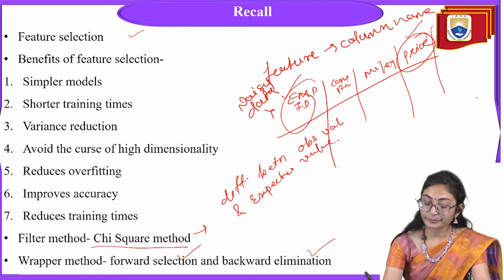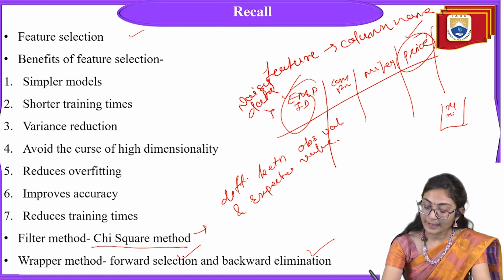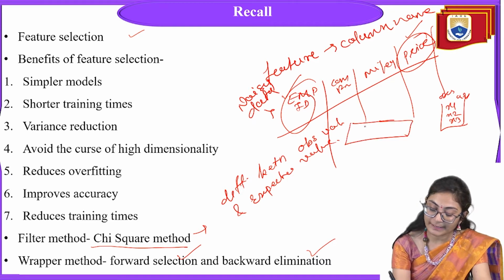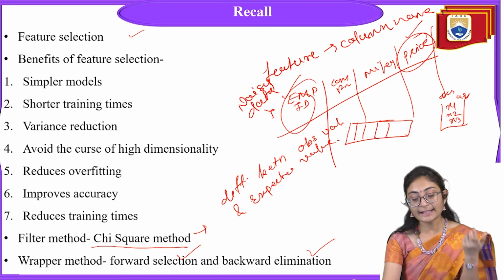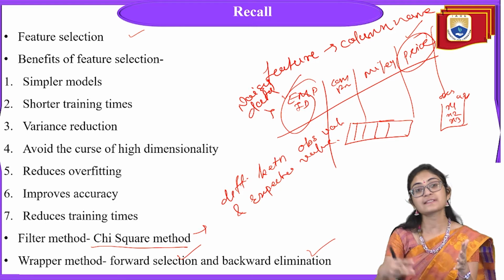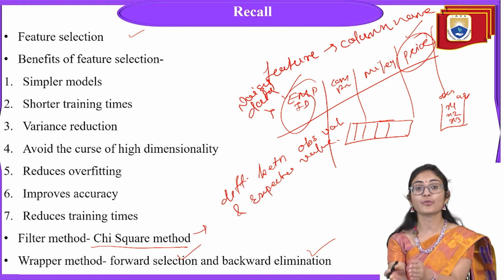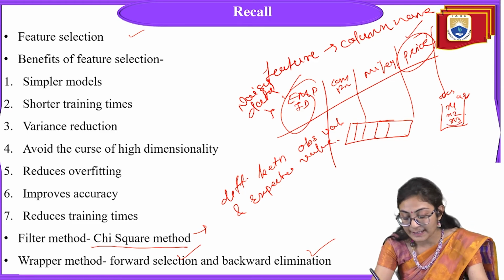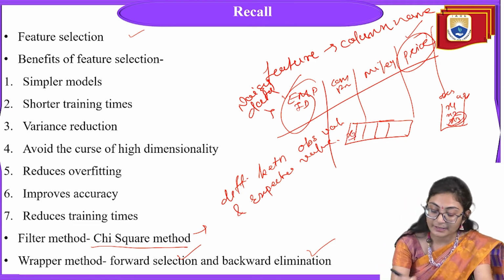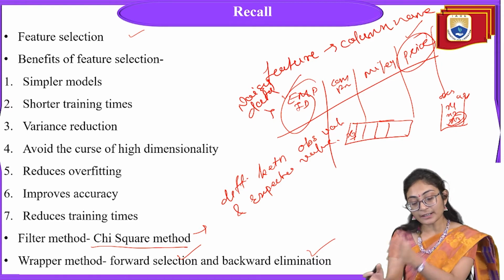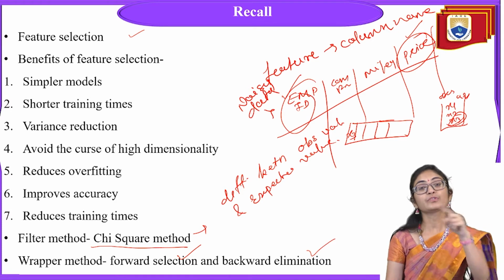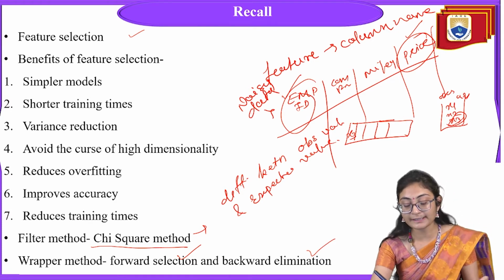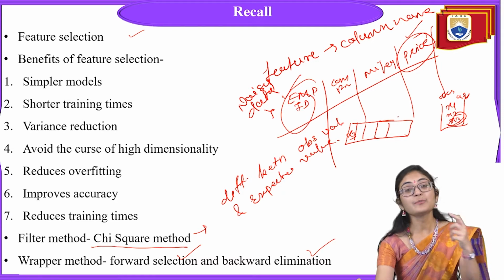That means if you have some attributes, first your set will be empty. It will begin with an empty set. After that, you have to find the most significant attribute. First, it will check for the most significant attribute. If I find that x3 is the most significant, then it will come here. That means it will be included one by one, transferred into your data set one by one.